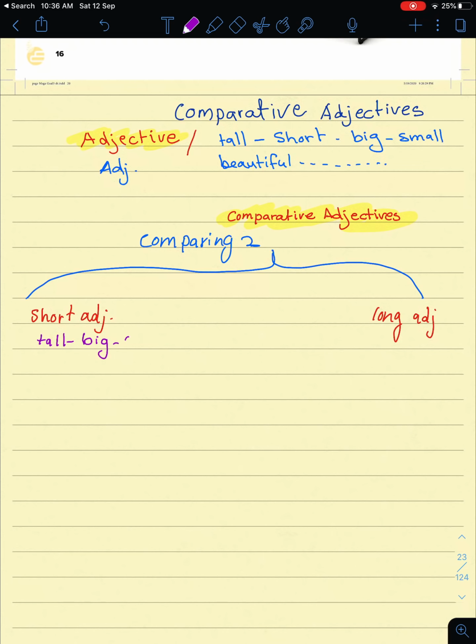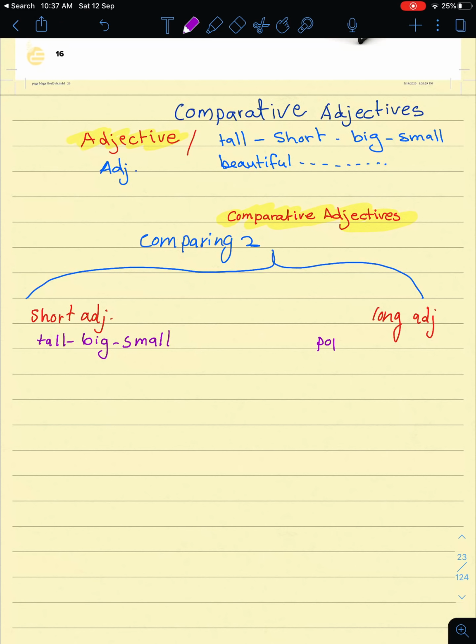Big, small. So this is what we mean by short adjectives. While long adjectives are adjectives which consist of more than 1 syllable. يتكون من أكثر من 1 syllable.